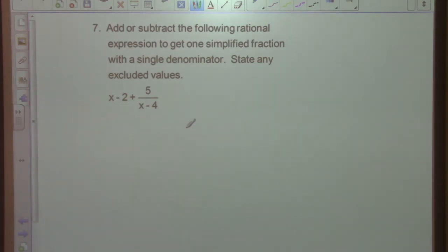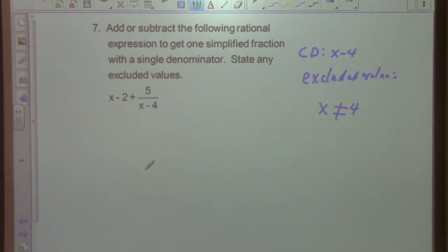So how would you do this problem here? What's your common denominator going to be? x minus 4, right? And what excluded value do you have here? 4. That's the excluded value. x cannot equal 4.